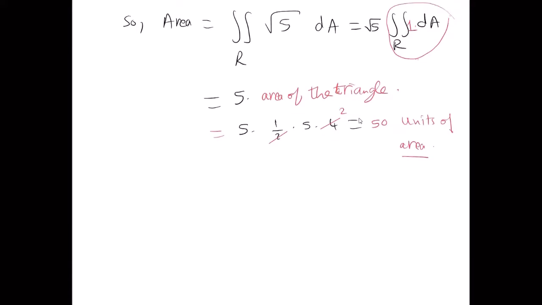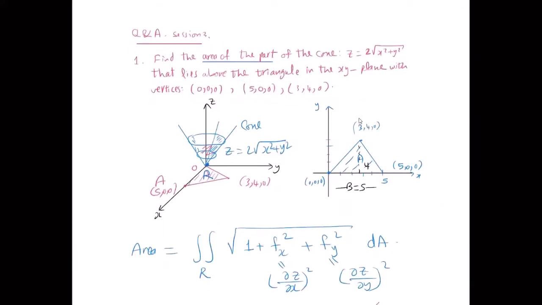Most of the people didn't solve this question. Why? Because they missed this topic or mixed it with another topic. So this is part of the surface area of a given surface in space. We have this topic as an application of double integration. It's a long formula, but the application is easy.